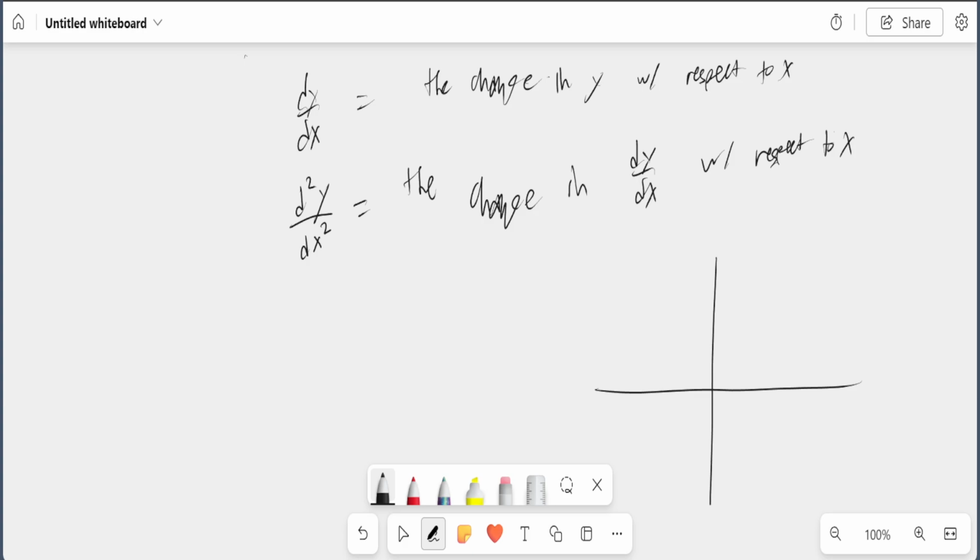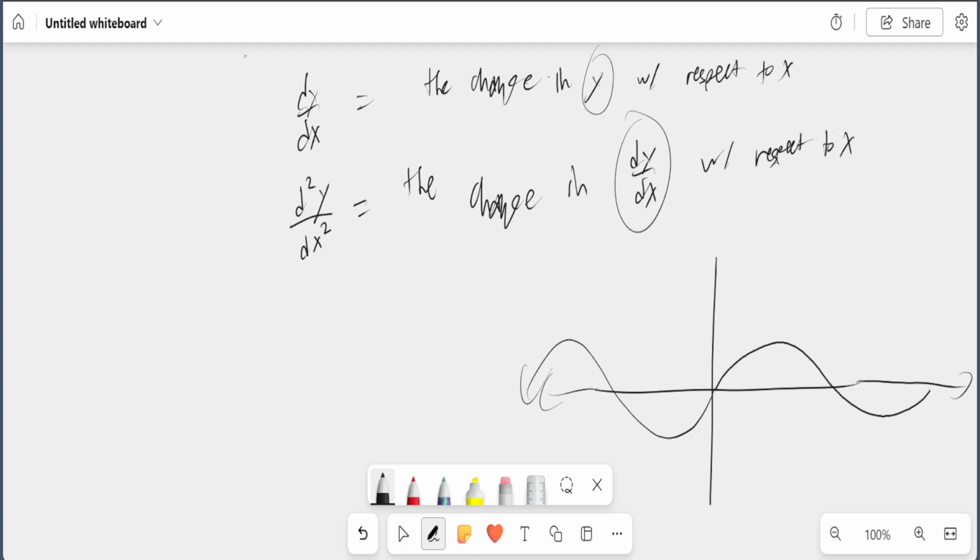Let me try drawing this in the best way possible. Let's say we have sine x. Sine x is probably a good one to go with. Our y value is constantly changing, and also our dy/dx is changing, right?